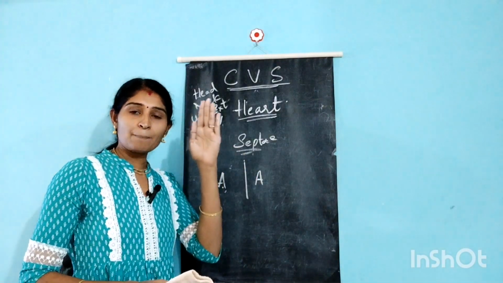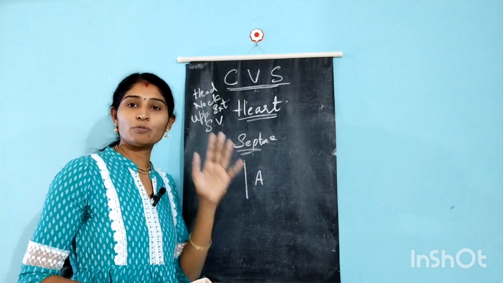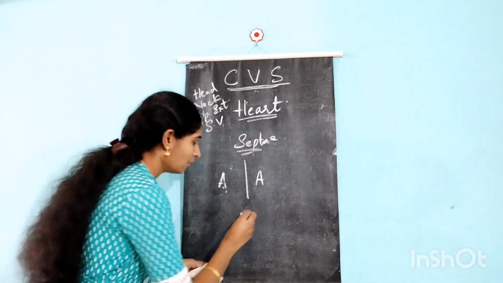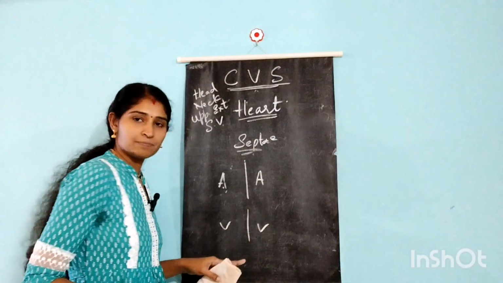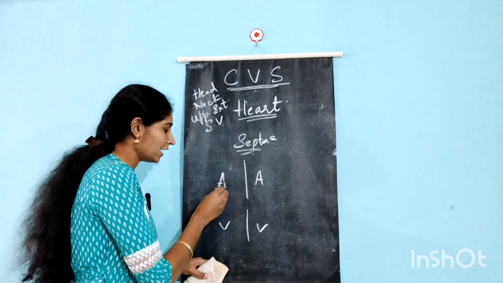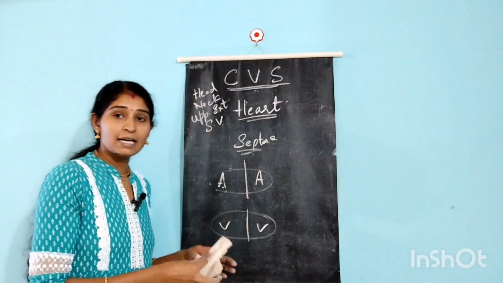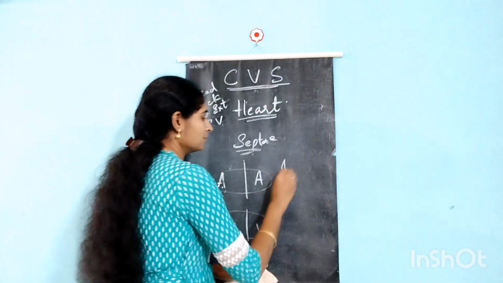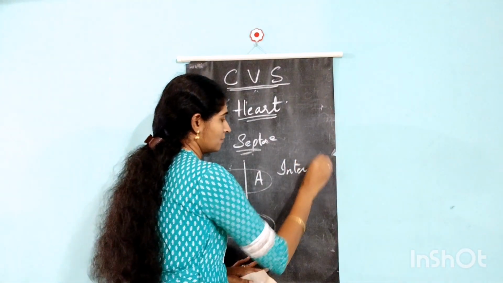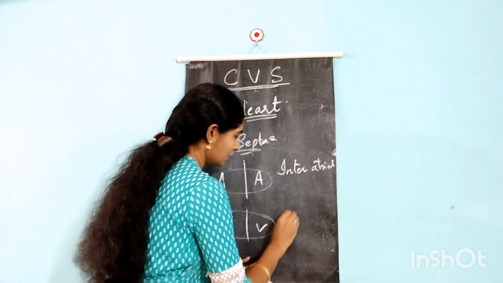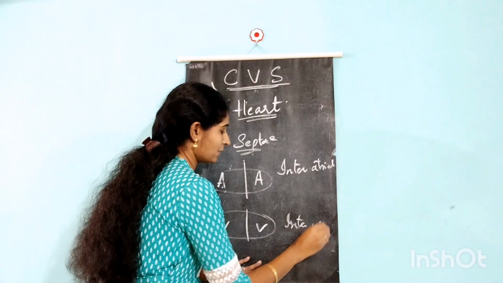Septum means what? It is a partition. Partition between what? Atrium and atrium, ventricle and ventricle. That means interatrial septum and interventricular septum.